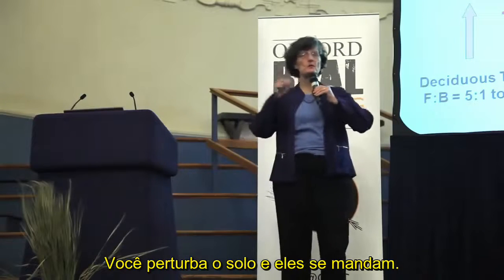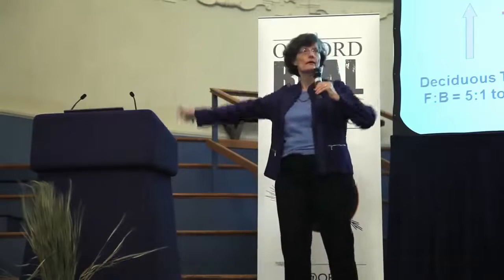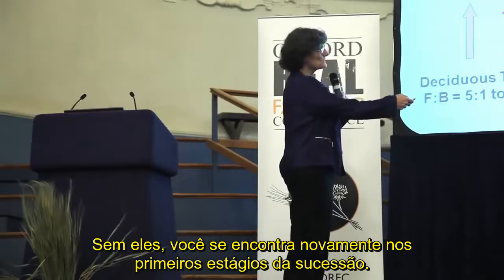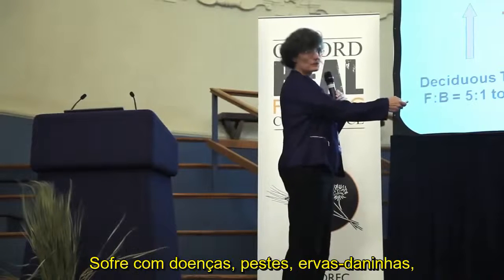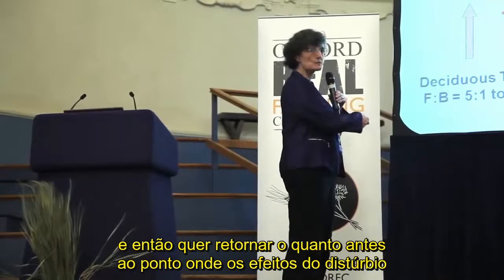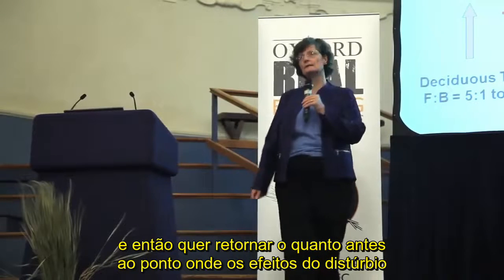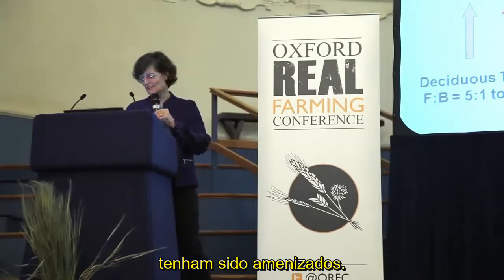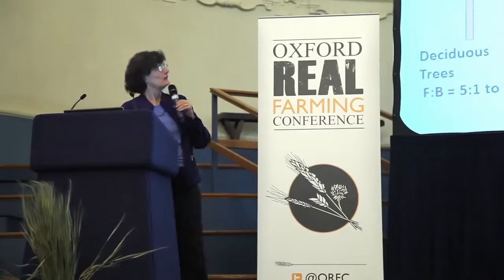You disturb that soil and they're all running away. And so once they've left, you're back here at the early stages of succession. And you're suffering diseases and pests and weeds, so you want to, as rapidly as possible, get it back to where you've ameliorated the effect of those disturbances.